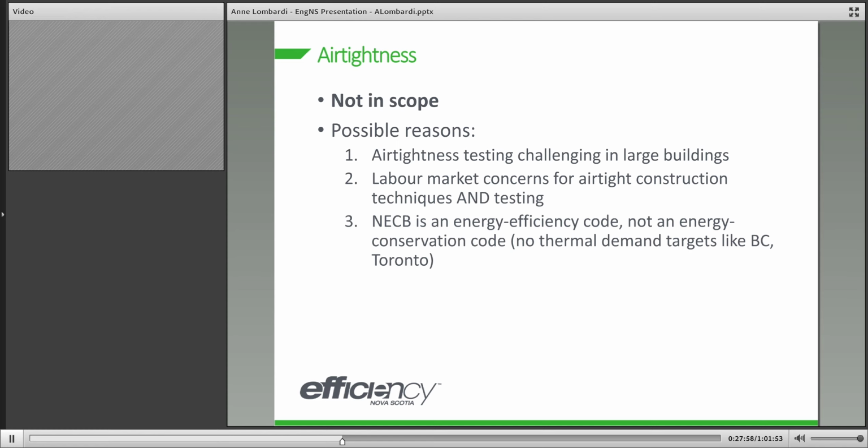The NECB doesn't have any of that, right? And airtightness is a way to reduce heating load. So airtightness is not covered. It doesn't really matter what the leakage is, as long as the building overall meets the efficiency requirements. There are some airtightness parameters that go into modeling, and we'll talk about that a little bit later. But in general, we don't include airtightness in the compliance.